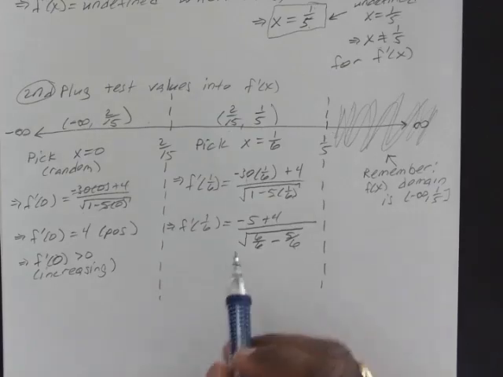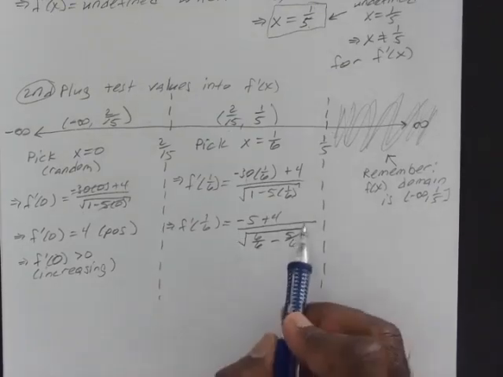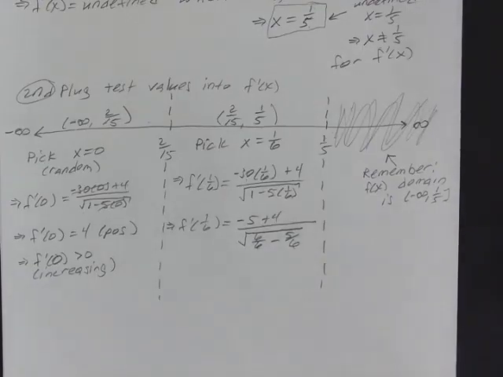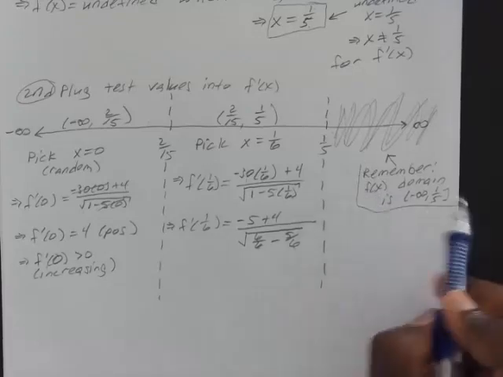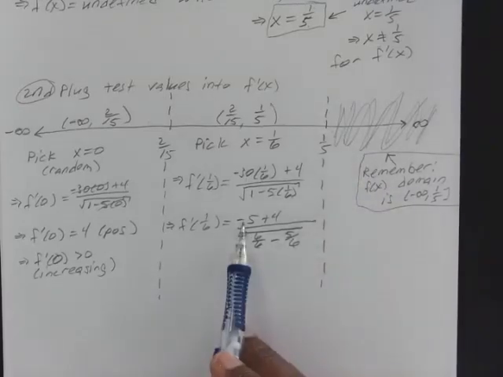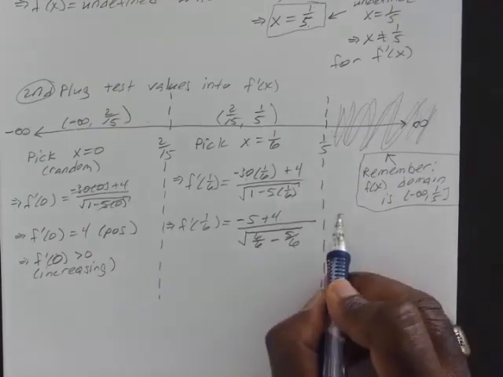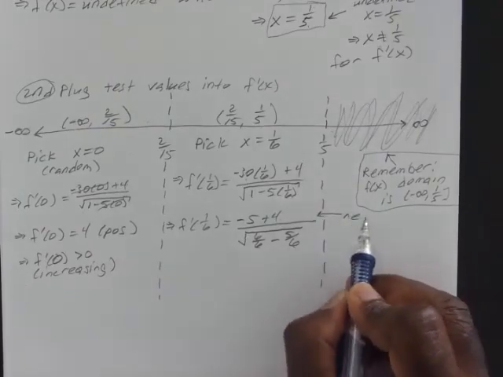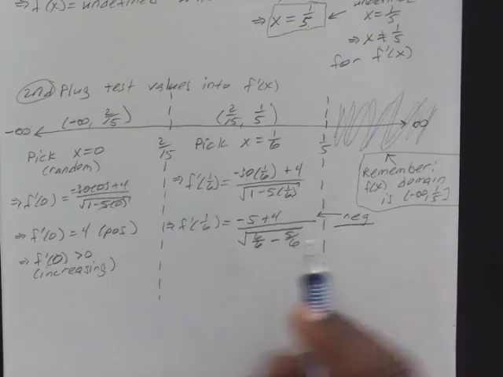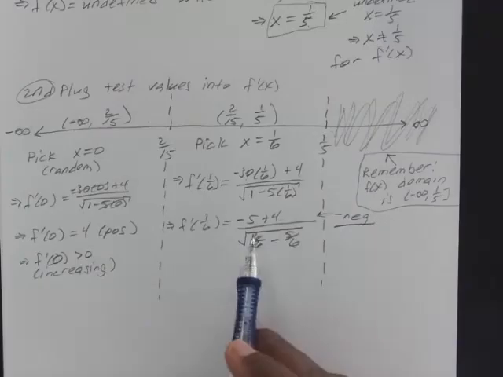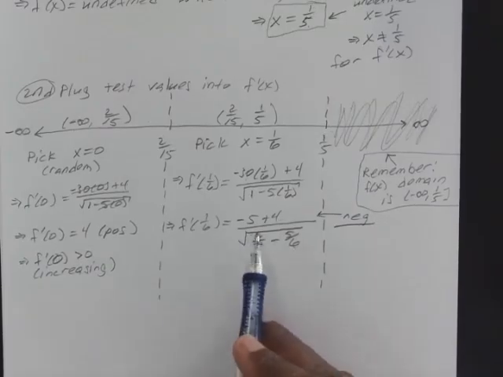Okay. Now, a shortcut way to do this, because remember, we don't care what the answer is. We just care whether it's positive or negative. Well, what we can do here is, we know that negative 5 plus 4, that's negative. So if we have square root of 6 over 6 minus 5 over 6, that's the square root of positive 1 over 6.